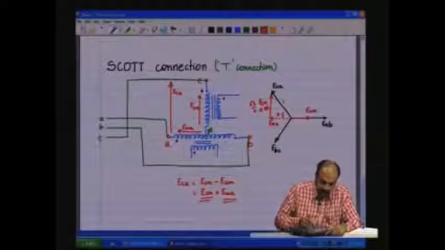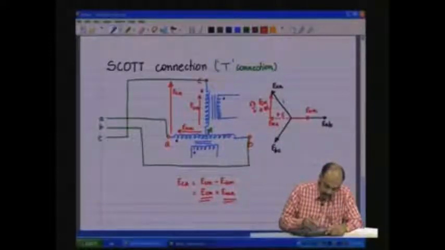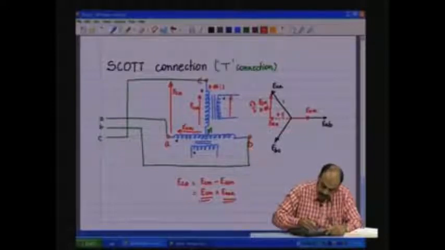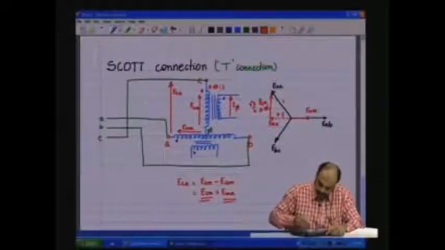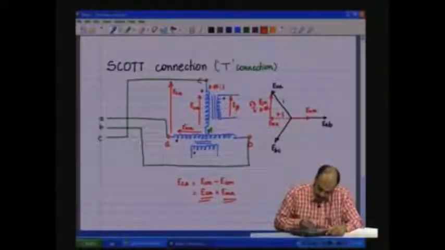So, if we have, let us say, a ratio of 0.86 is to 1, then this will get amplified and you will get here, let us say, E beta, and here you will get E alpha.